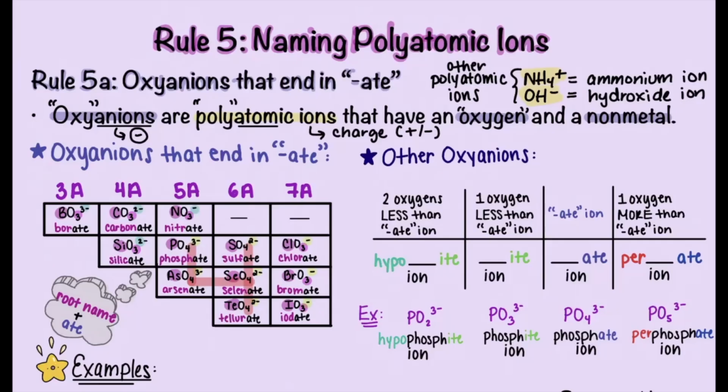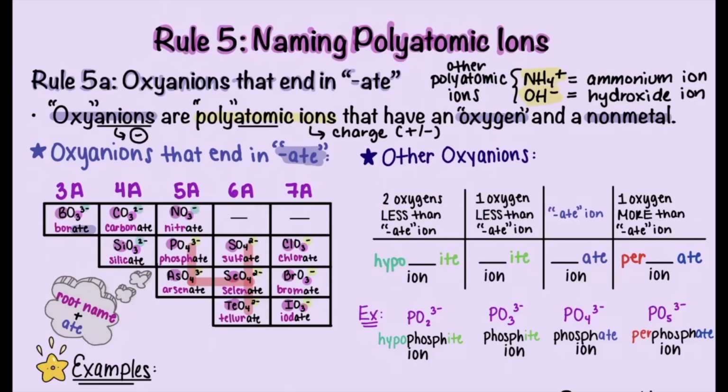But anyways, all of these that I just mentioned are your original oxyanions. I like to call them the OGs. They end in ate. So for example, boron becomes borate, right? Because now it's an oxyanion. There's oxygens bound and there's a negative charge, in this case a -3.